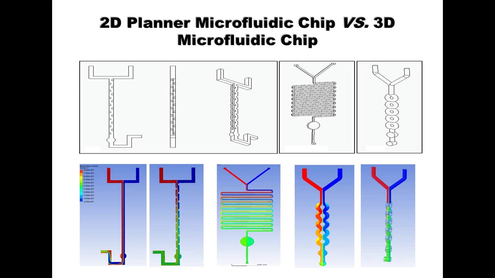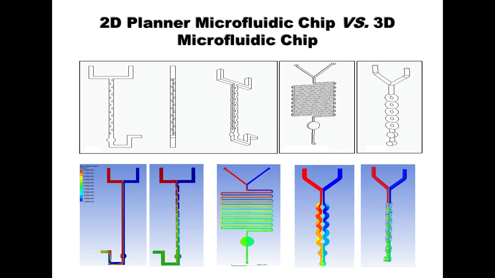We can compare such a big influence of the three-dimensional change of geometry on the mixing process. We designed a planar chip with a stack ring, which is a planar stack ring structure.